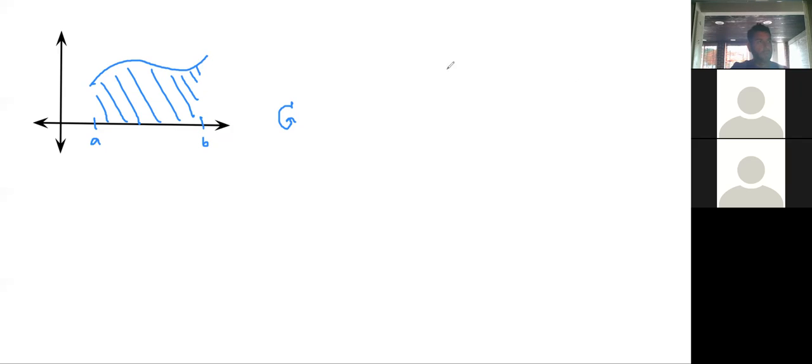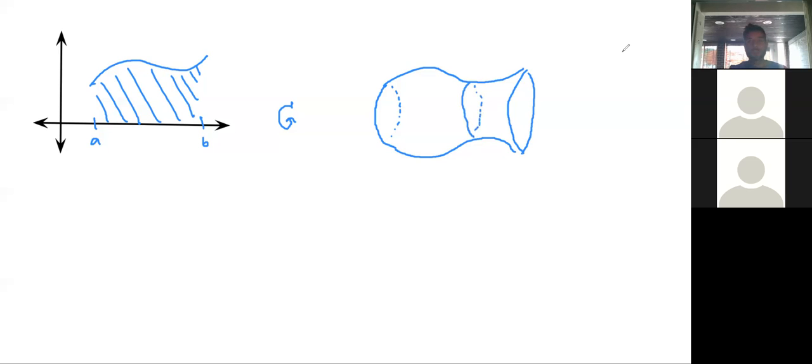And so this solid, if we try to sketch it well, would look something like this. Maybe you want to think of this as some sort of vase. So again, we take that region, we leave the piece that's attached to the x-axis fixed, and we rotate it around the x-axis.